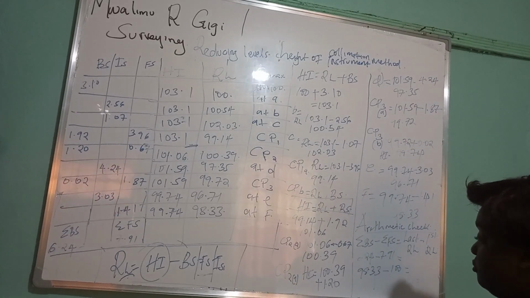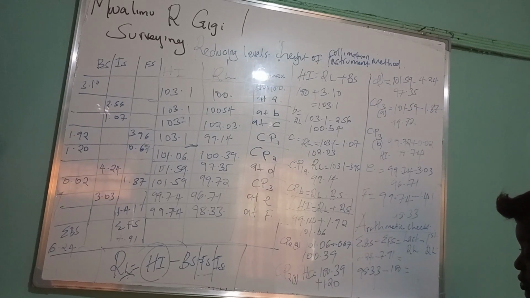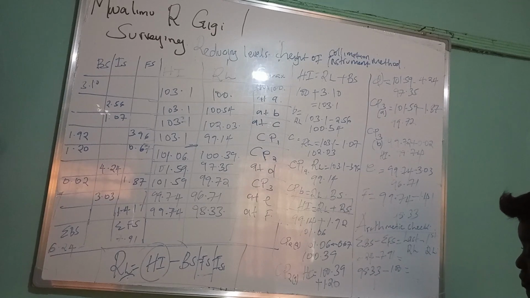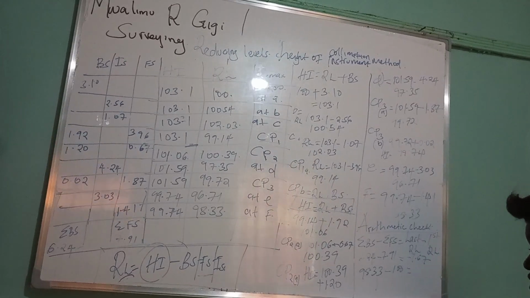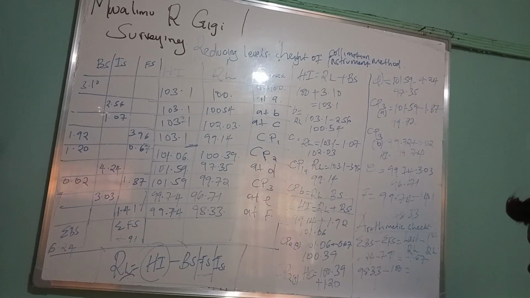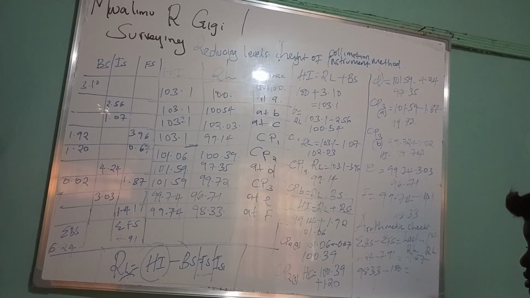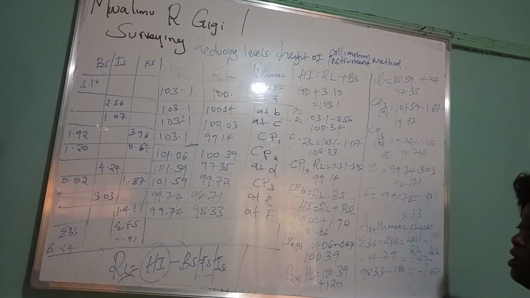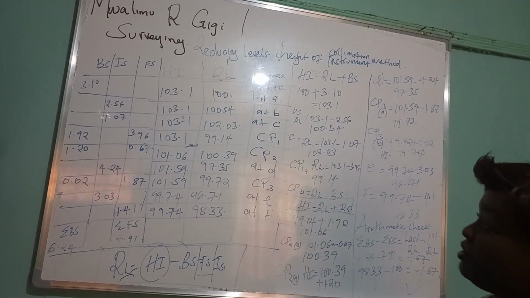So 6.24 minus 7.91 is negative 1.67, and 98.33 minus 100 is equal to negative 1.67. So we have reduced our levels correctly for this data.